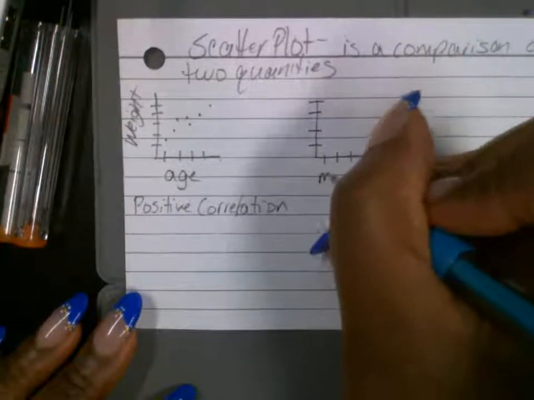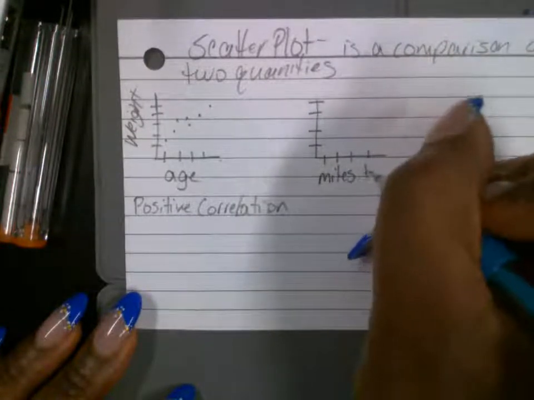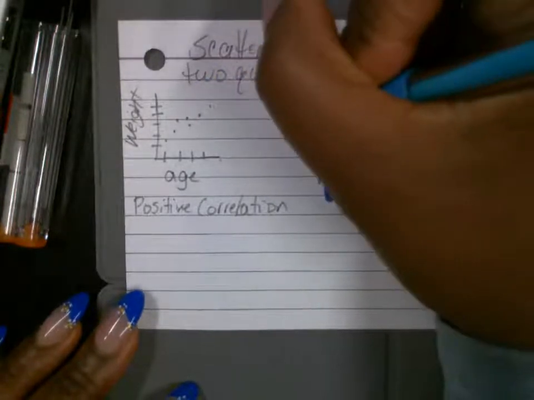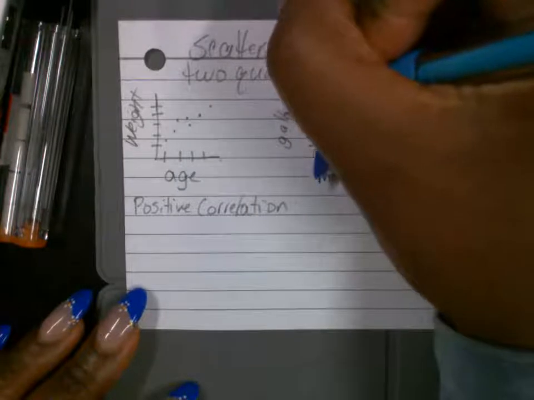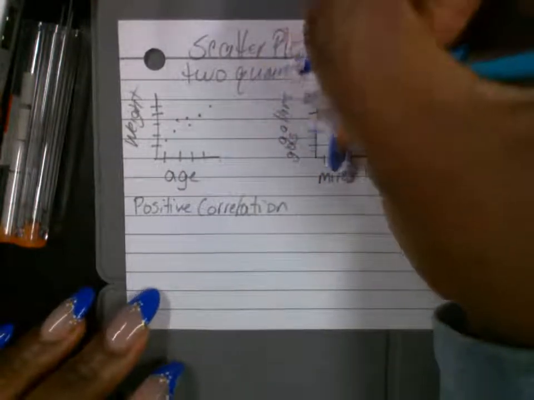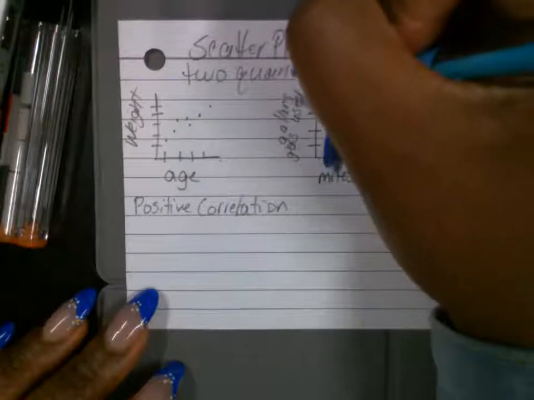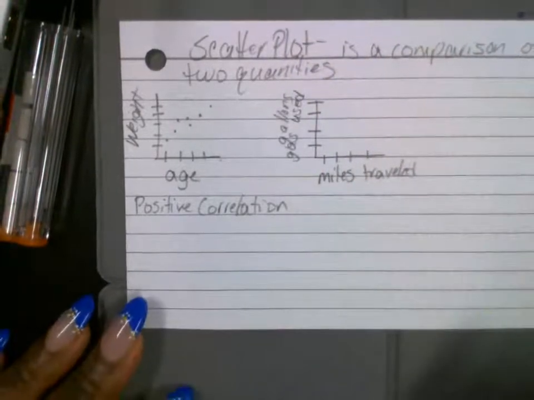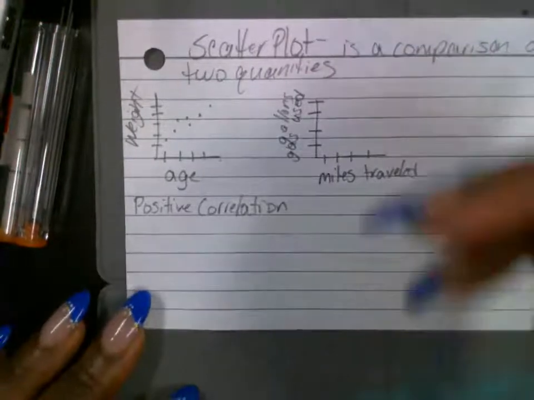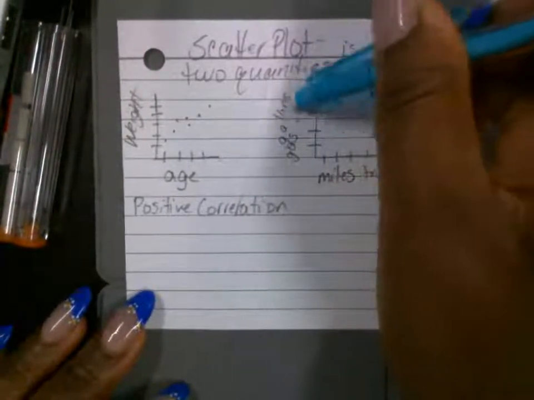These could be miles traveled and gallons of gas used. Or gallons of gas left in the tank.